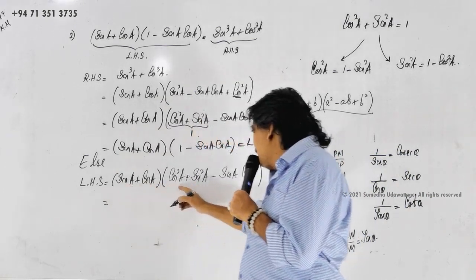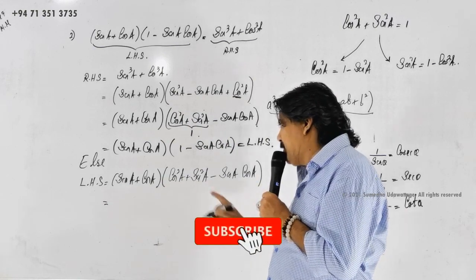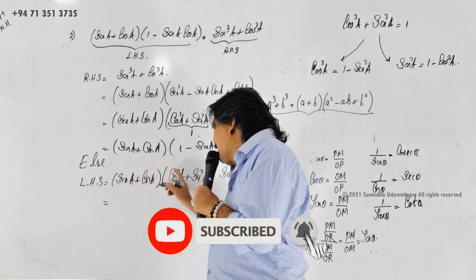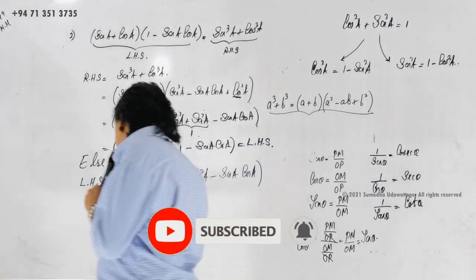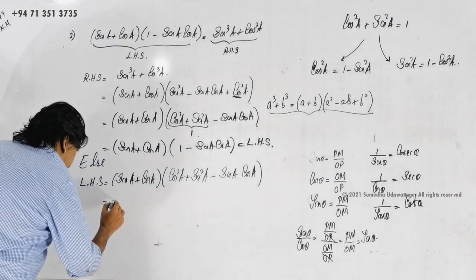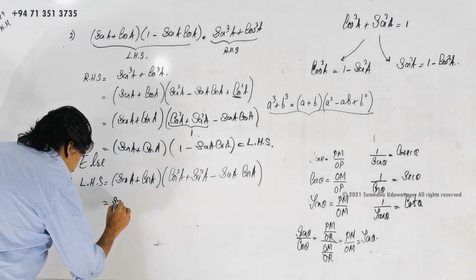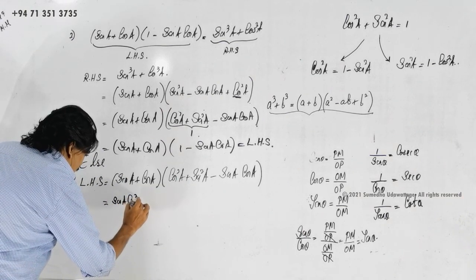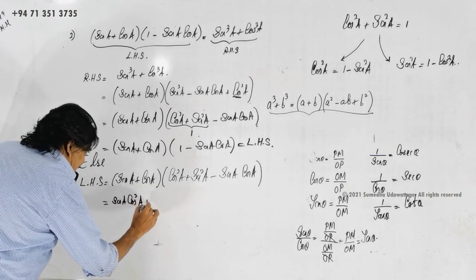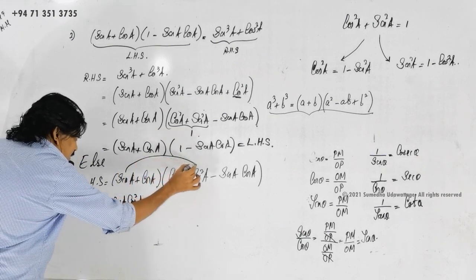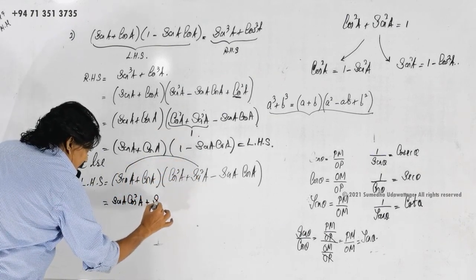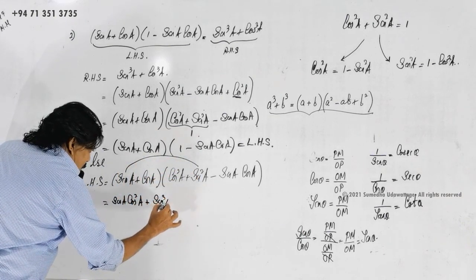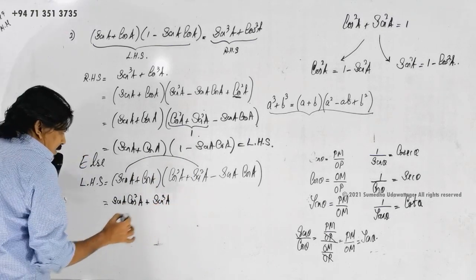From sine A, multiply the complete expression. Sine A into cos square A, plus. Then this into this would give you sine to power 3A.